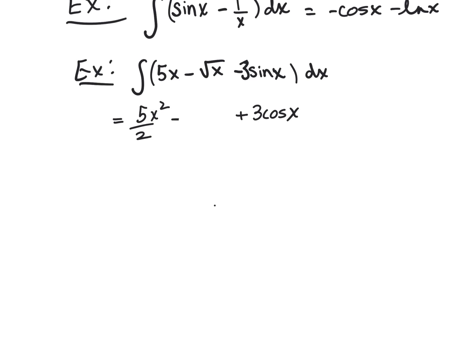Five x would be just five x squared, divided by two. This is x to the 1/2 plus 1, which is 3/2.